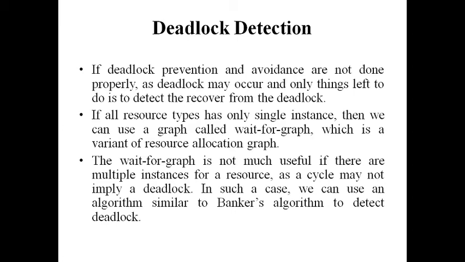If you are unable to prevent the deadlock, then the only thing you can do is detect the deadlock. You have to assume the deadlock and you have to handle that deadlock. How will you do that? If all resource types have only a single instance, we can use a graph called a wait-for graph.